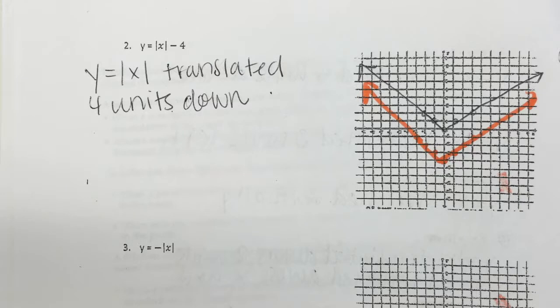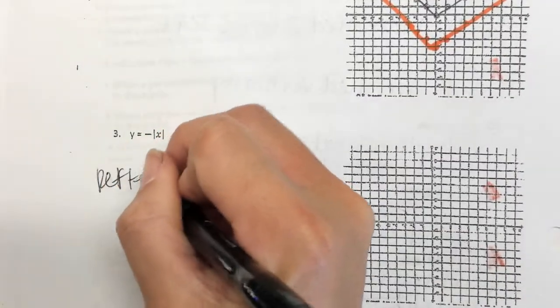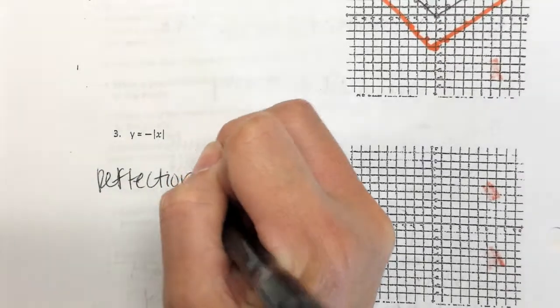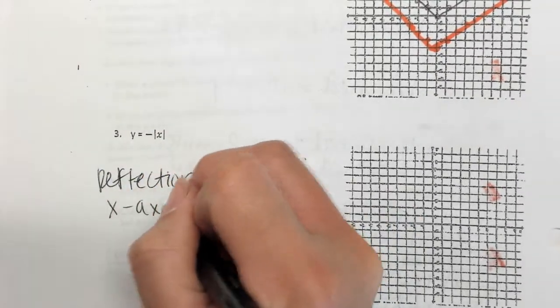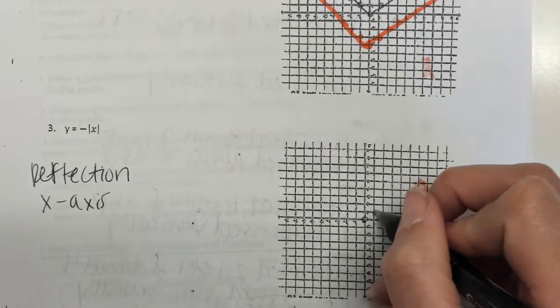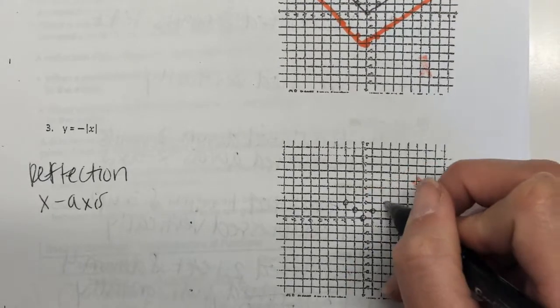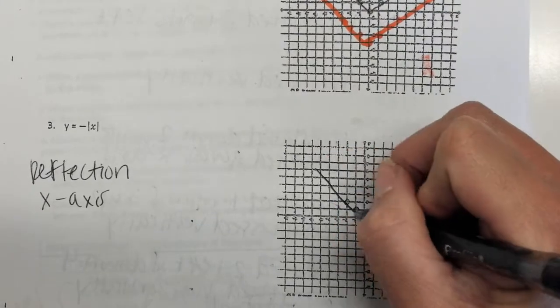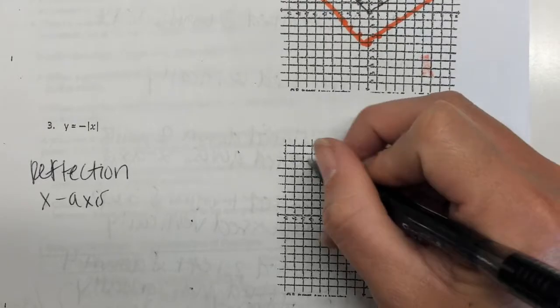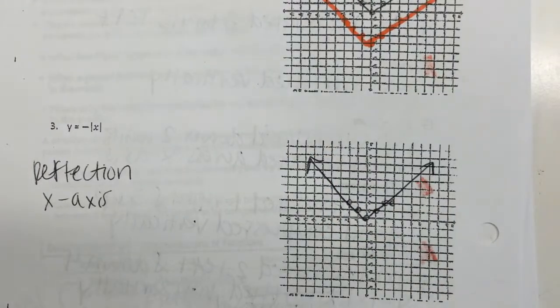Of transformations being done. Reflection. Over which axis? Very good. So here's the parent graph. If I flip it across the x-axis, it's just going to do what? Turn it upside down.